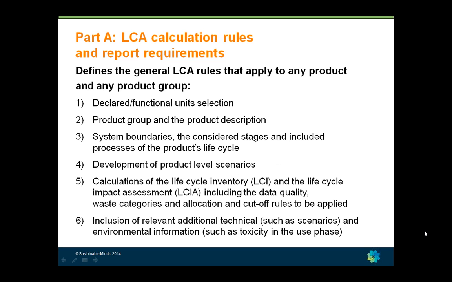Those will be captured and are captured in Part A. And so it includes how to set up good functional units, how to define a product group, how to set up your system boundaries, which is the same for all products, how to develop product level scenarios, how to develop your LCI, your lifecycle inventory data, and how to calculate those into the end results through the impact assessment methodology.